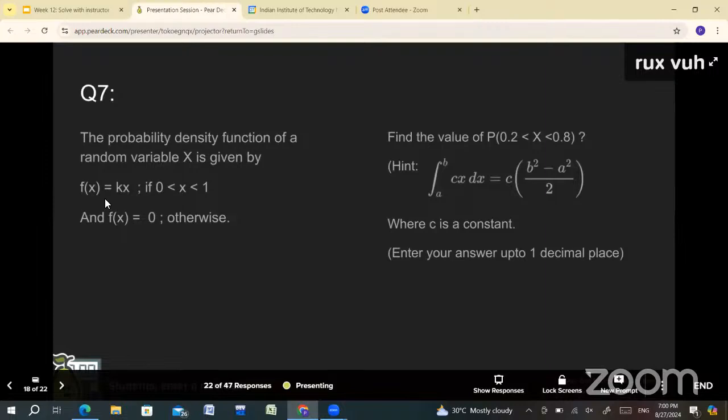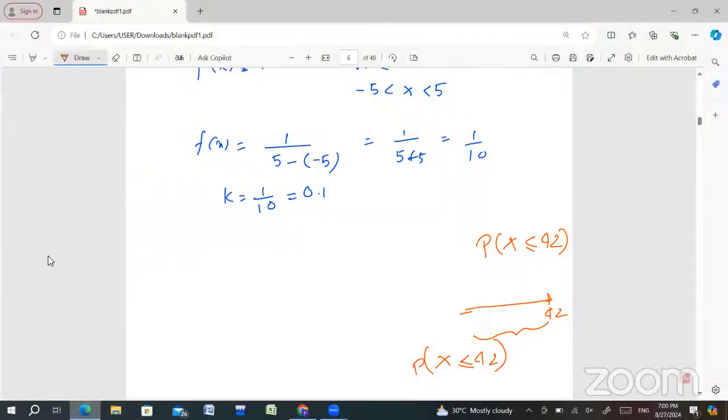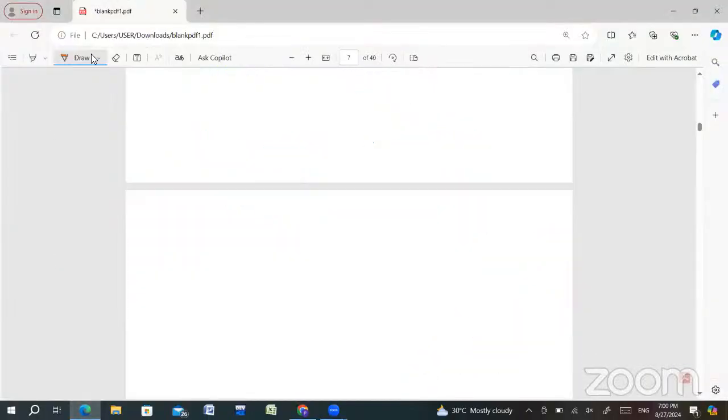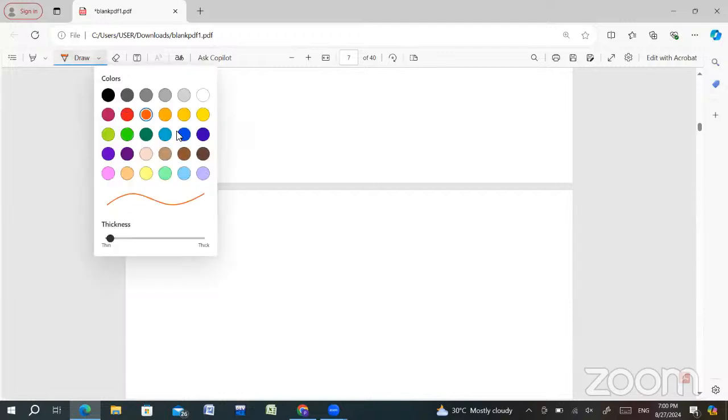So we are given the PDF as kx, and we have to find out this probability. For finding this probability, we need to find the value of k, since fx is kx. fx is given as kx, and the range is 0 to 1.